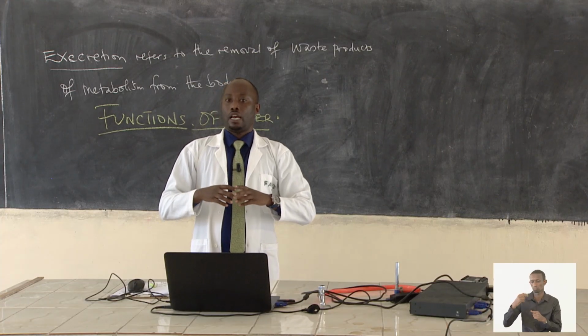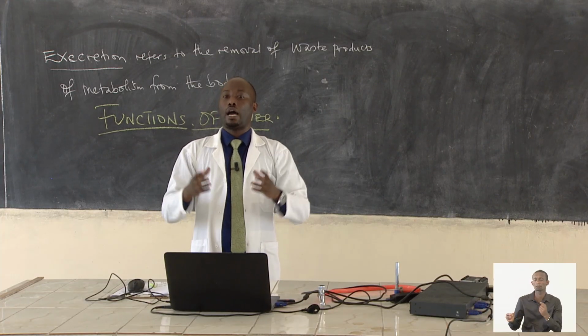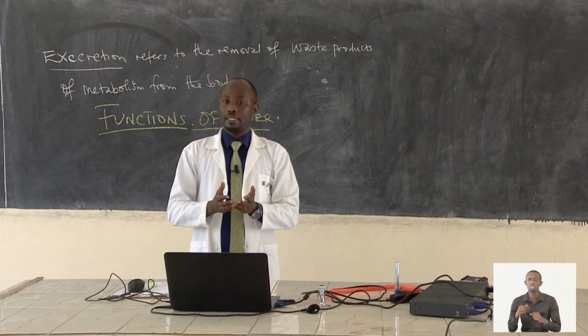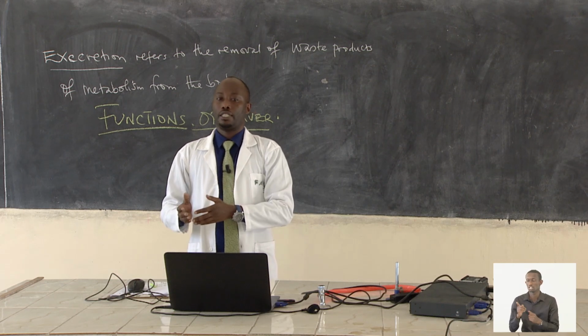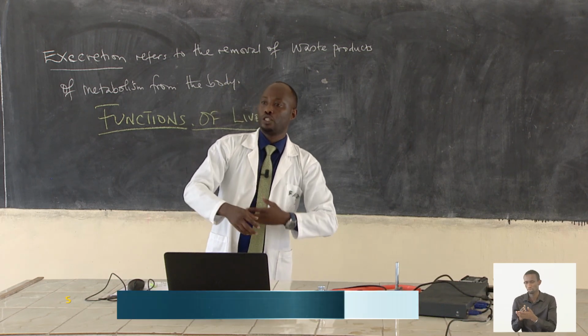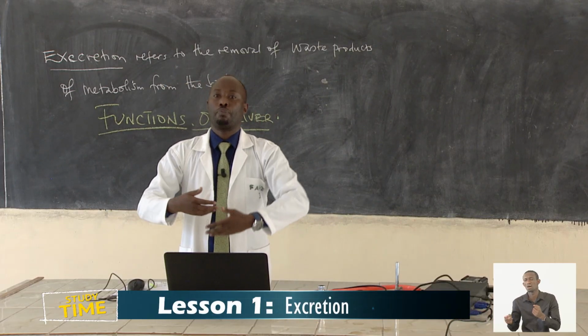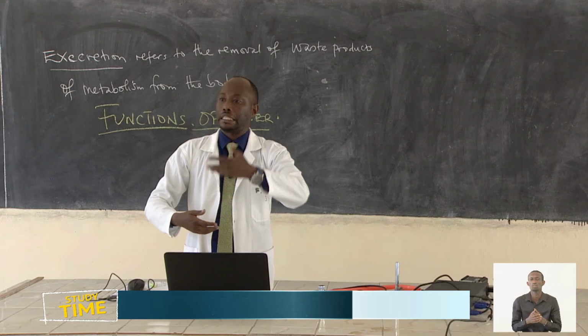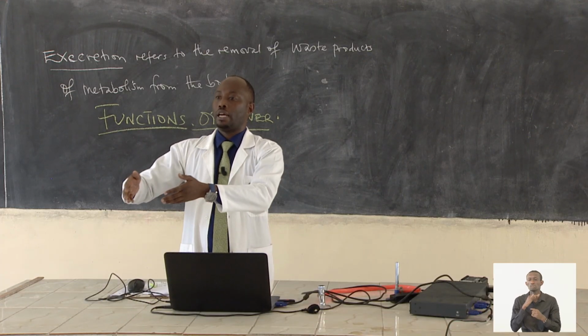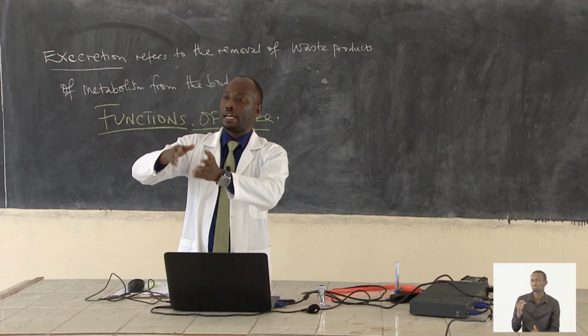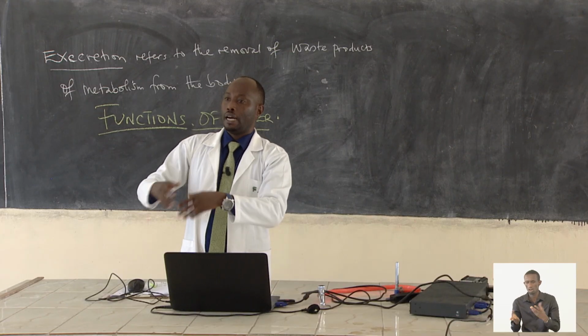Hemoglobin from old, worn out red blood cells is broken down by the liver cells into pigments, which pass through the body and are eliminated through a process we call excretion, where these waste products are discharged through the urine and even in other ways.